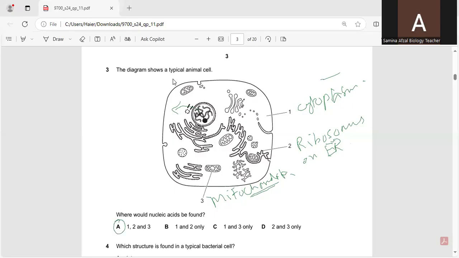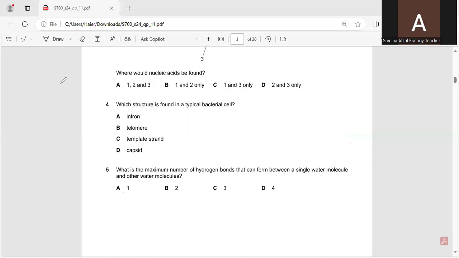So we will move towards question number 4. Which structure is found in a typical bacterial cell? Intron, telomeres, template strand, and capsid. So intron, this is not the correct option.